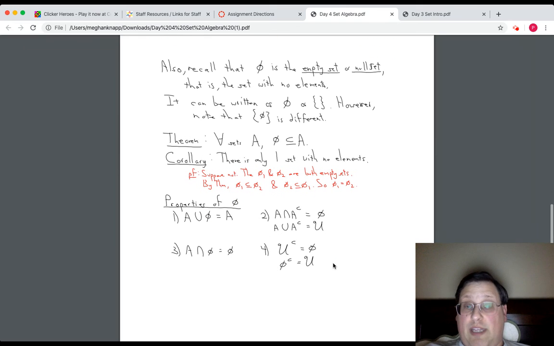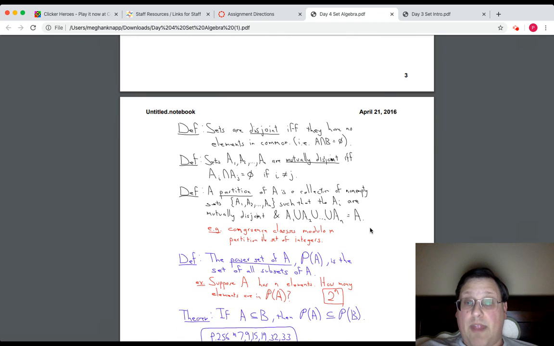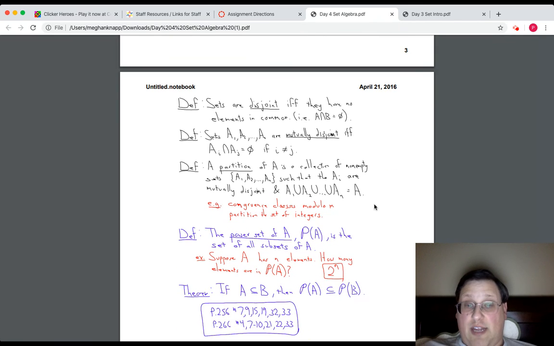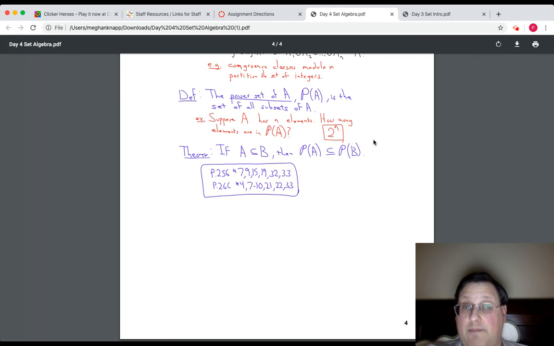If I keep scrolling down through the notes, they talk about the empty set or the universal set. We talk about partitioning things. And then I wanted to briefly mention the power set.